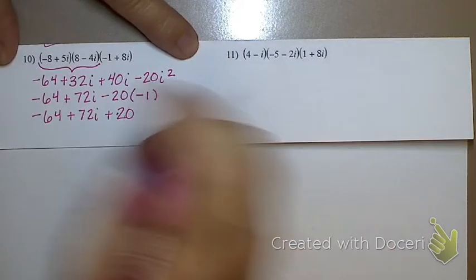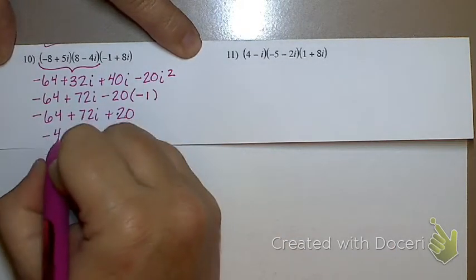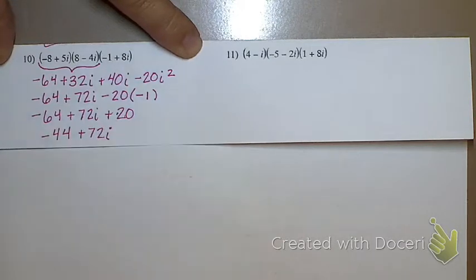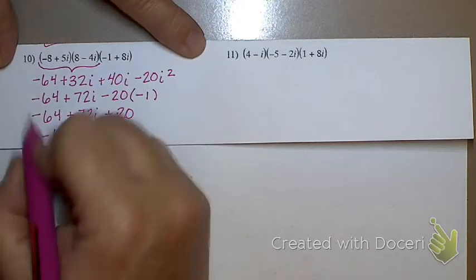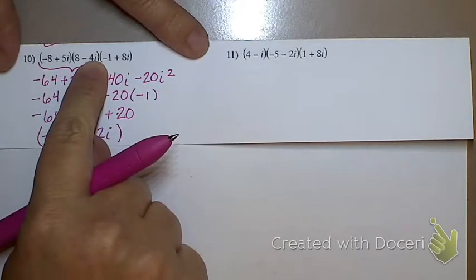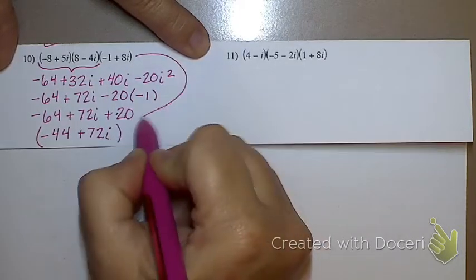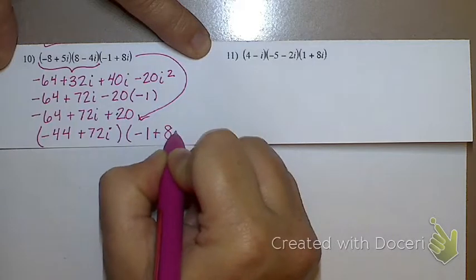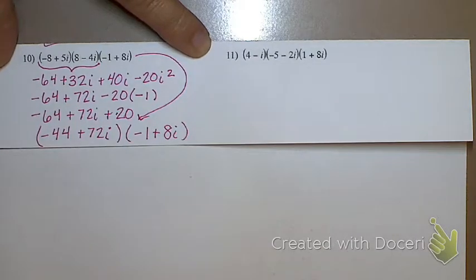So I think I have -44 plus 72i. You agree? Yes. So that's my answer when I multiply the first 2 parentheses. Now I'm going to bring this last one and multiply it here. So I multiply just one more time.